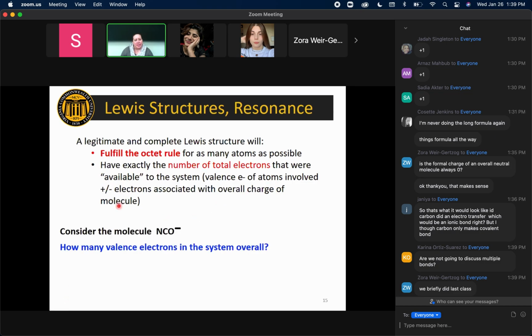Thinking about this second bullet point, we want to make sure we have the correct total number of valence electrons in the system, or the number of total electrons available for bonding and non-bonding electrons. So I want you guys to think about this molecule, NCO-, and answer for yourselves in your heads for just a moment, how many valence electrons are in the system overall? Take a moment to think about that.